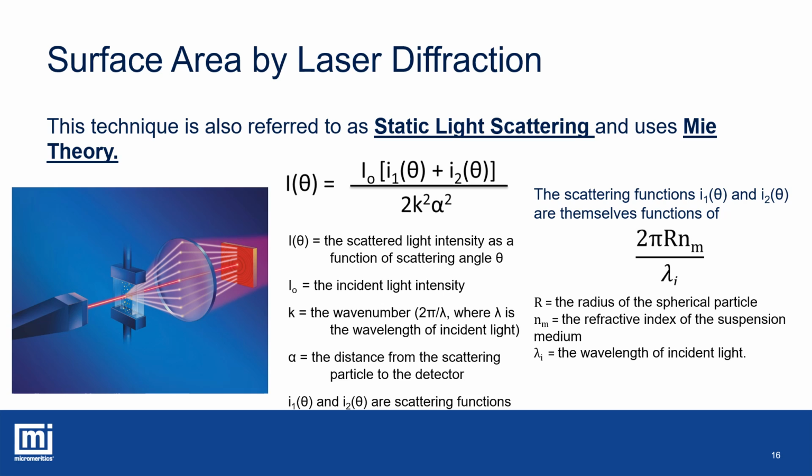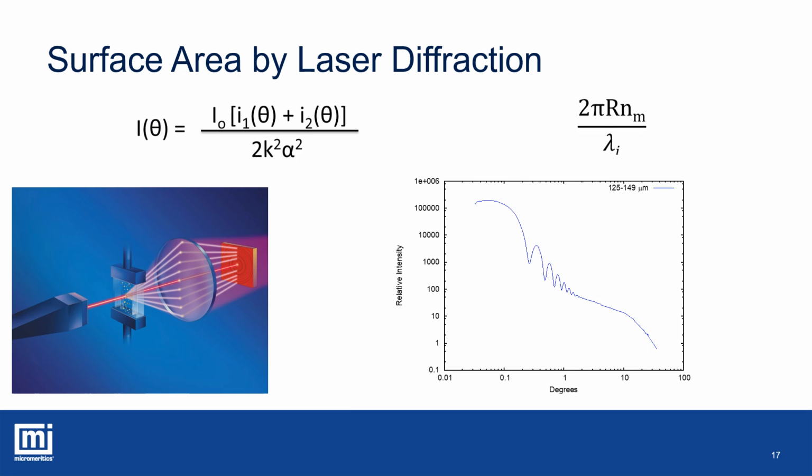To give you some additional insight into laser diffraction, and the calculations involved to get the particle diameter, we can consider graphing the angle of scattered light versus the relative intensity of the scattered light. And we look at 125 to 149 micron sized particles.